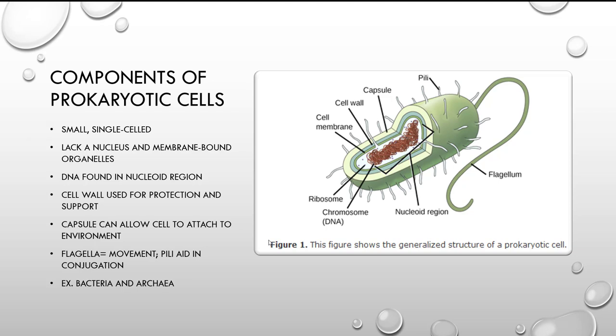If we look at an example of a prokaryotic cell, first off, it has the four components of a cell. It contains DNA, but one of its characteristics is that it lacks a nucleus. Instead of the DNA being found inside a nucleus, it's found in what we call a nucleoid region of the cytoplasm.